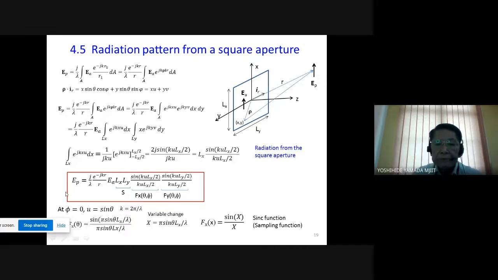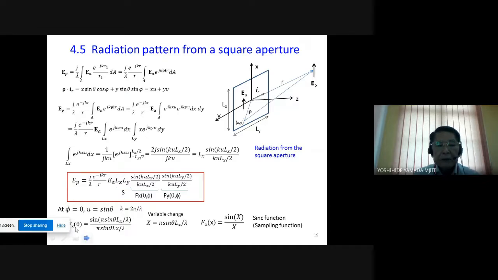So in the phi equals 0, in this horizontal direction, this k is the wave number and is expressed by 2 pi divided by lambda.